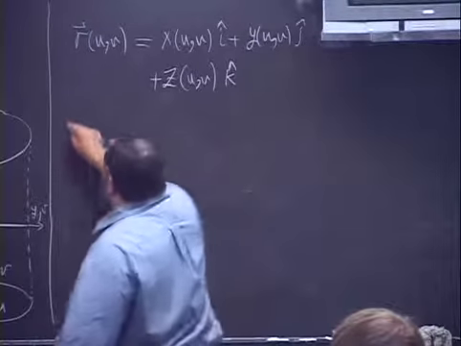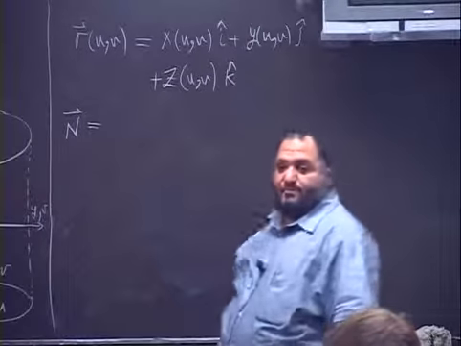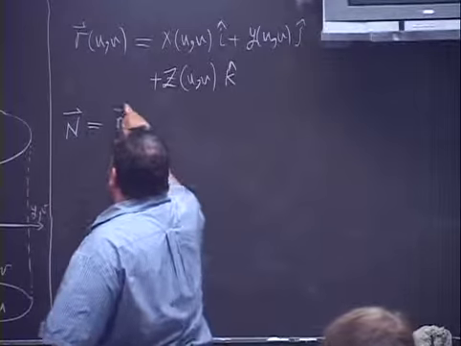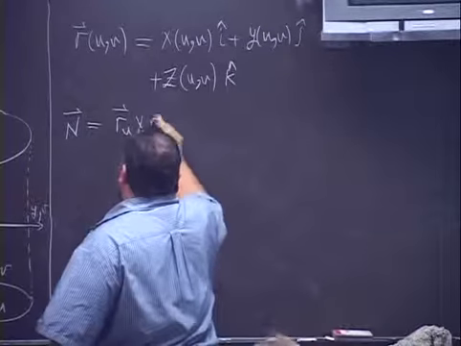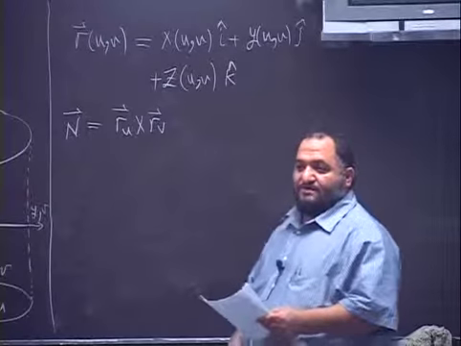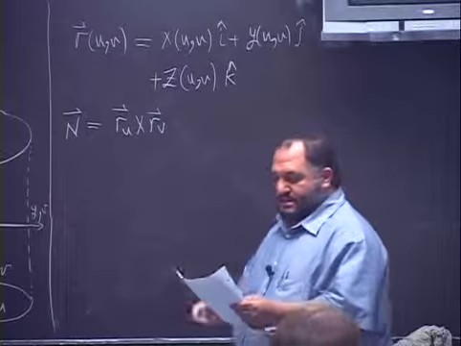And what's the normal vector now? Just what? R sub u crossed with R sub v. And what's R sub u and R sub v? dr by du and dr by dv.